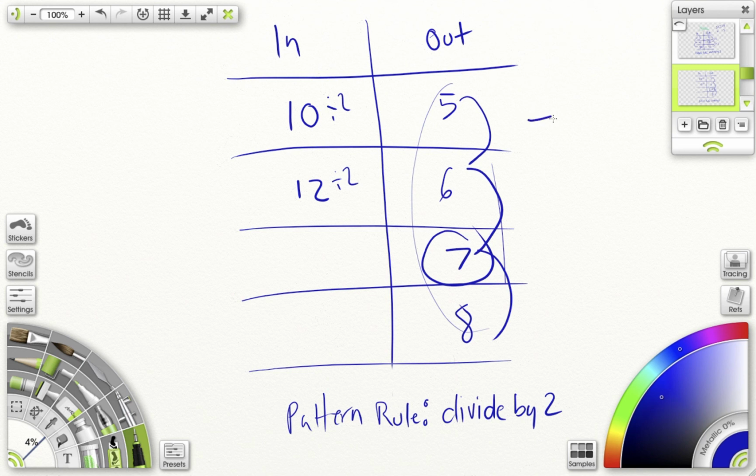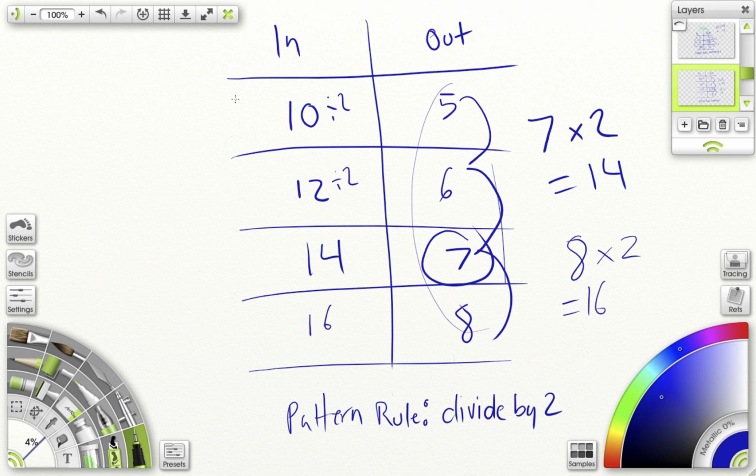So I have to do 7 times 2, that equals 14. So my number here is 14. Now we have 8, and I have to do the opposite operation of division, which is multiplication, so times it by 2, which equals 16. And that's my input number.